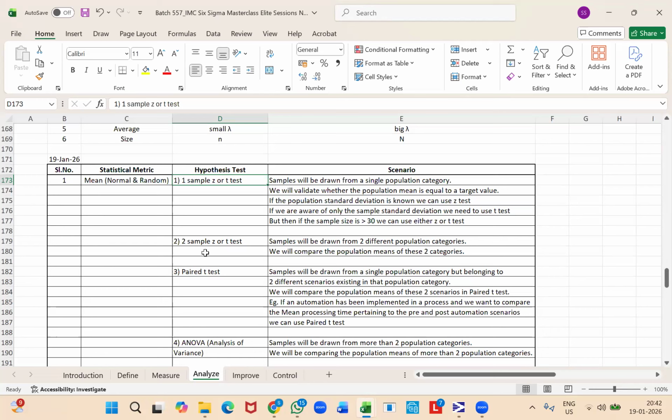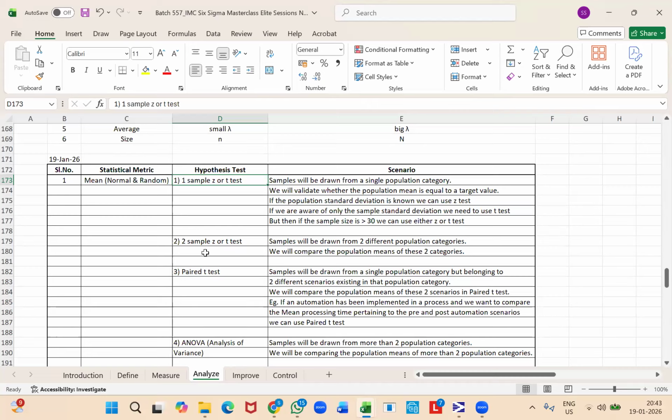He claims that his new brand of motorcycle can give a mean mileage in excess of 50 kilometers per liter, right? So if you want to validate his claim, then we need to perform this one sample mean test, right?